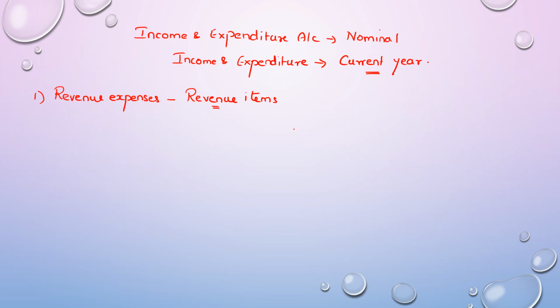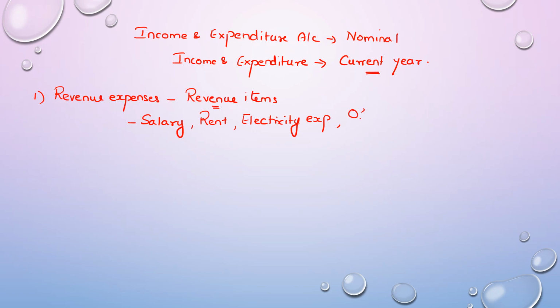Now, what are the examples of these revenue expenses that I'm talking about? There are several expenditures of routine nature. You can have salary, which is paid to the staff for working in the not-for-profit organization. There is rent, which might be paid for the building where they are carrying on their activities. There could be electricity expenses that are paid on a routine basis.